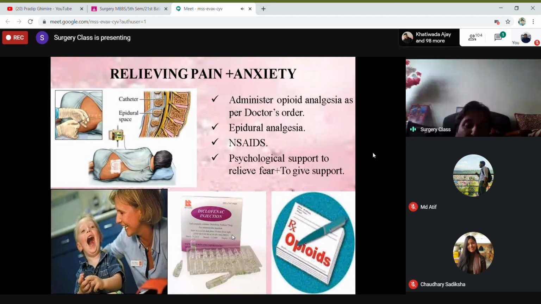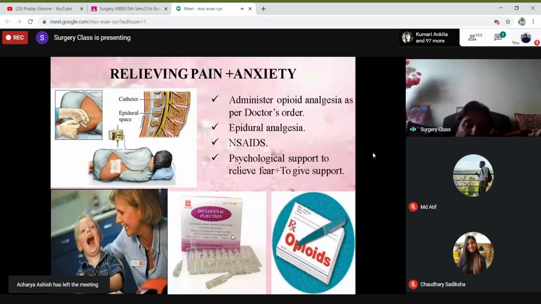You give this through the epidural space in the post-op period, and that will relieve the pain of the whole lower limb, the lower abdomen and the upper abdomen. That is known as epidural analgesia.